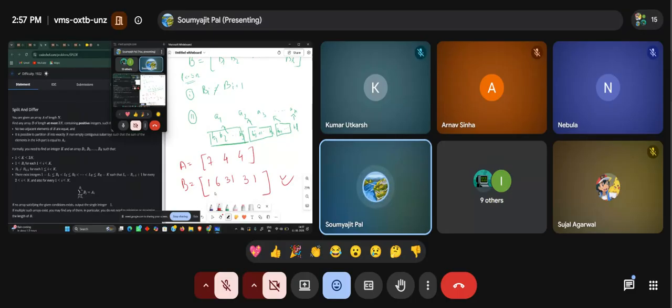It is valid. No elements that are consecutive are equal. You can see no adjacent elements are equal, and also I can divide it into subarrays such that 1 plus 6 is 7, this subarray sum is 4, this subarray sum is 4 also, right? Is it clear?